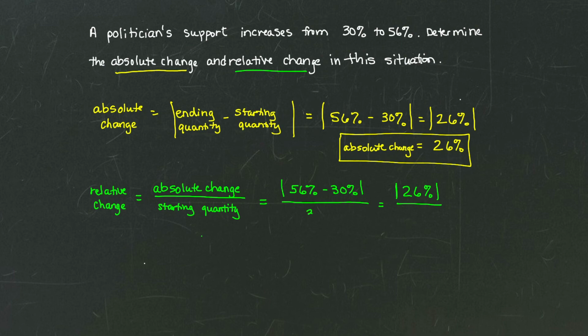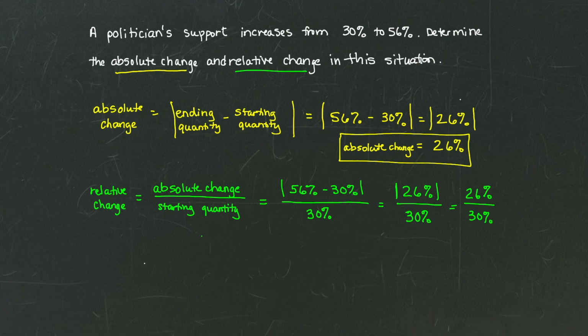What did we start with? So in relationship to what we started with, which is 30%. So we're going to take the absolute value of 26%, or just 26%, divided by 30%.